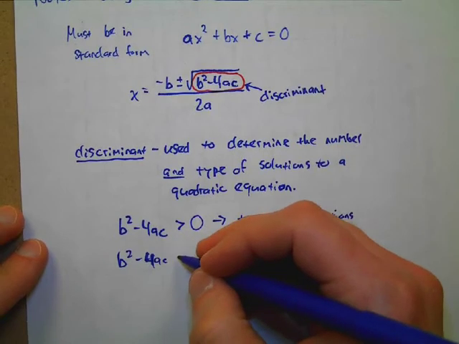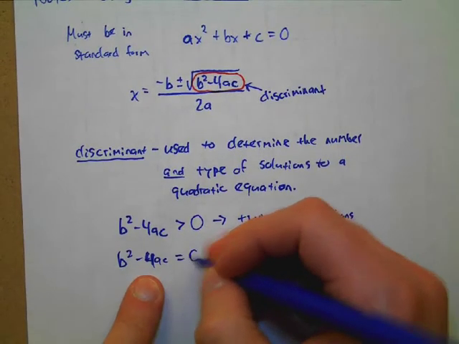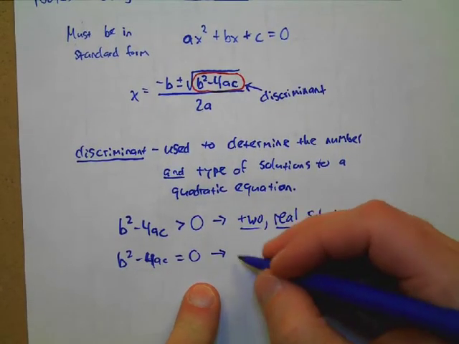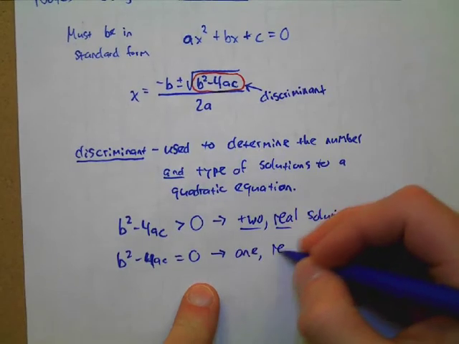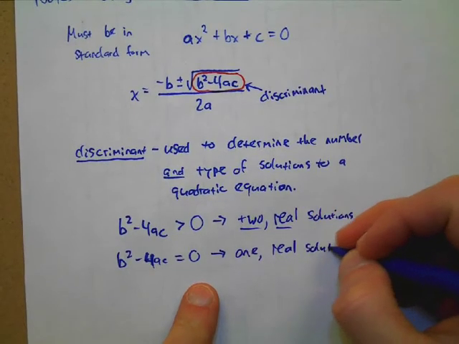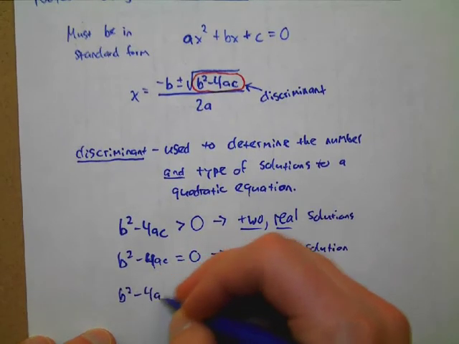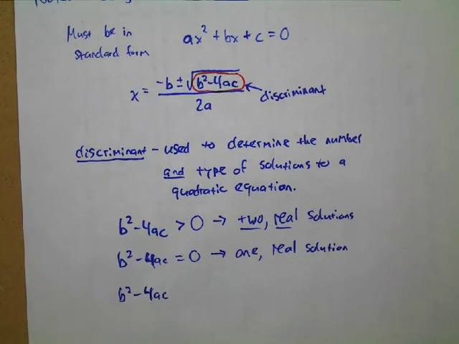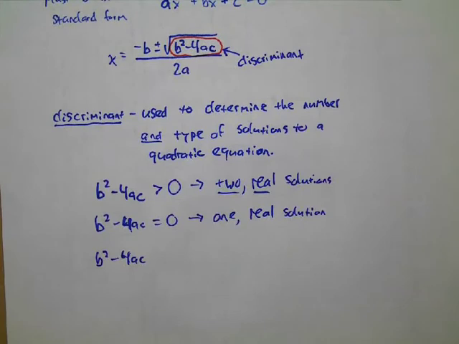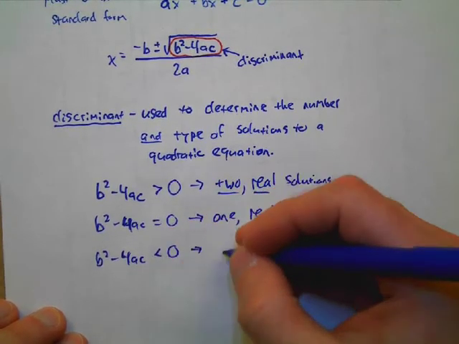If b squared minus 4ac is equal to 0, then there is one real solution. And finally, if b squared minus 4ac is less than 0, then there are no real solutions.